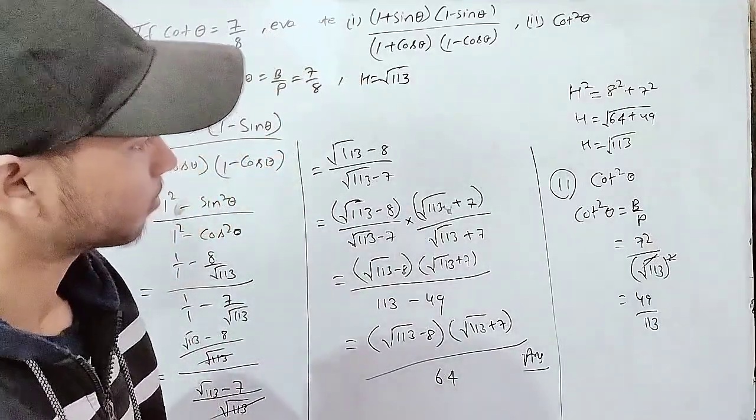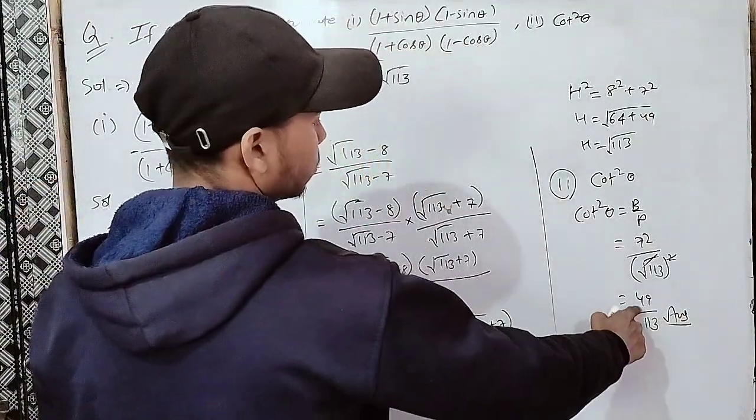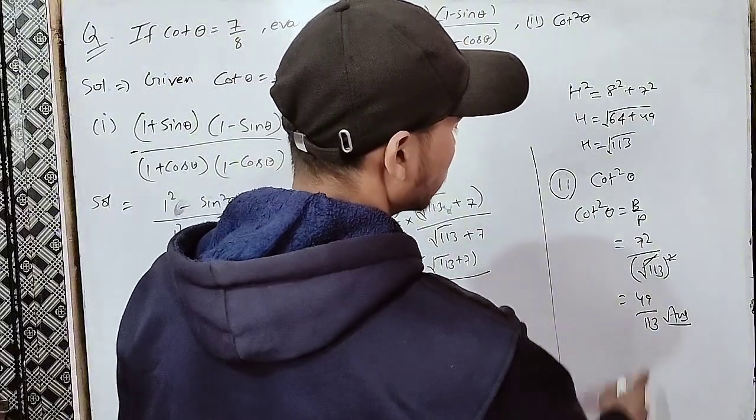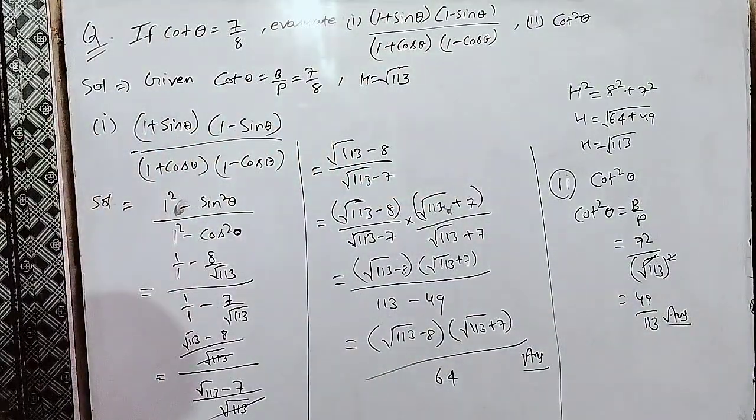Clear? To find out the exact value, you will divide this by this. Clear? So just have a look. We are going to move on to the next question.